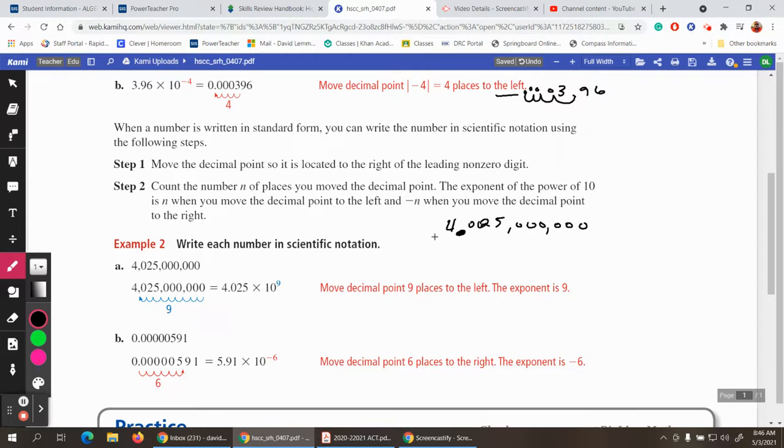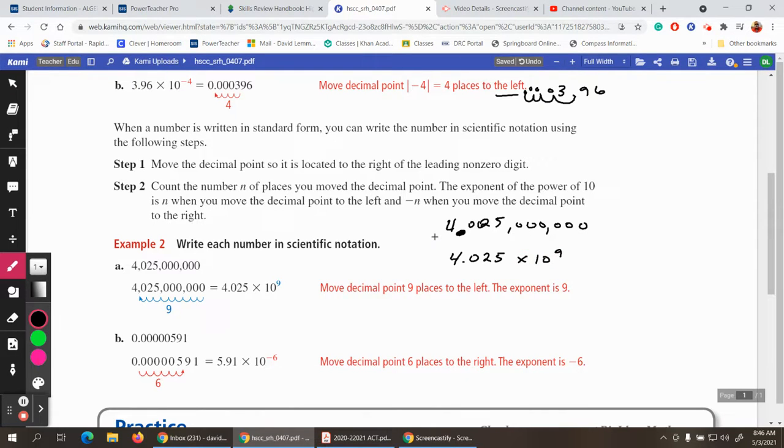Okay? And then you count the numbers behind it: 1, 2, 3, 4, 5, 6, 7, 8, 9. So 4 dot, write all the numbers until you get to your last digit that's not a 0. And then this is 10 to the 9th.